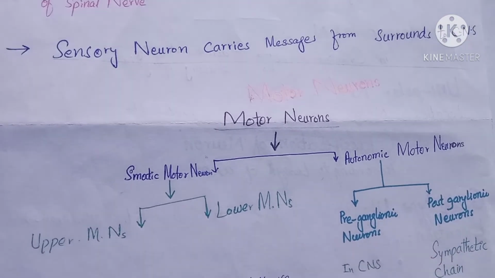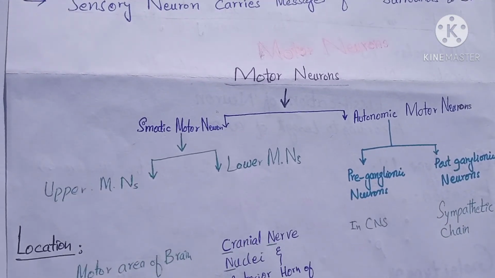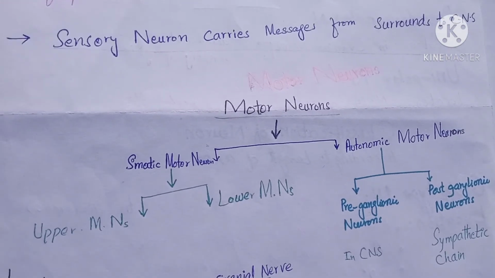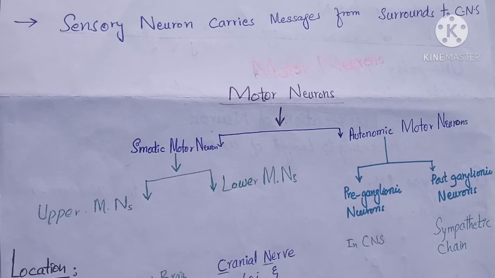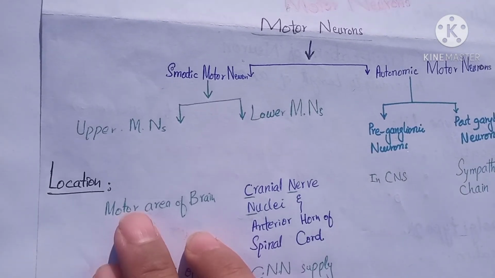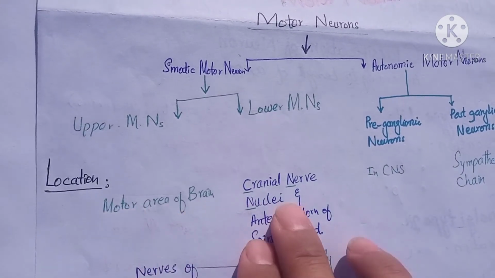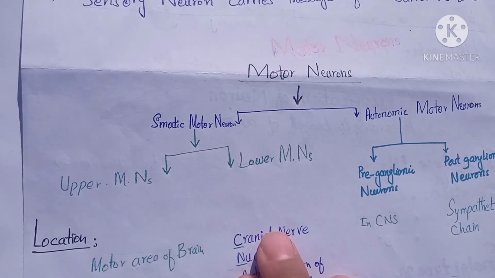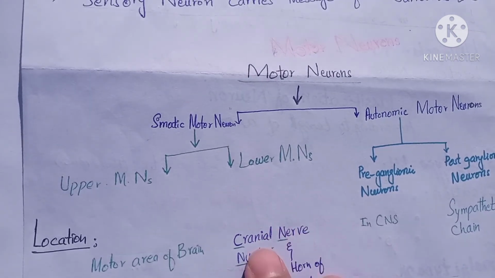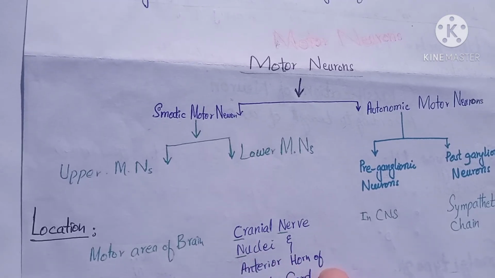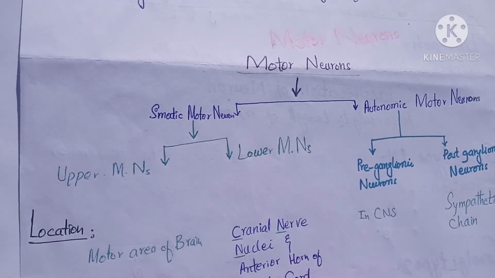The location of upper motor neurons is in the motor area of the brain, and the lower motor neurons are present in the cranial nerve nuclei and the anterior horn of the spinal cord.